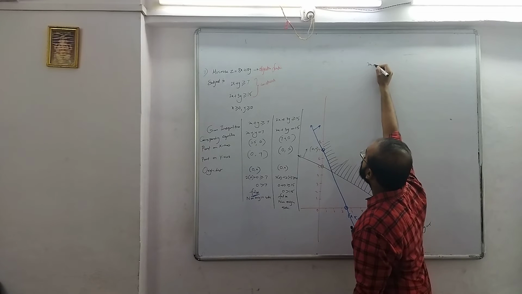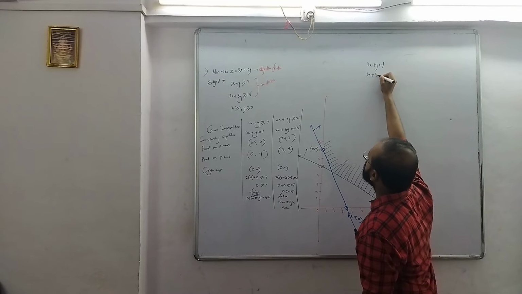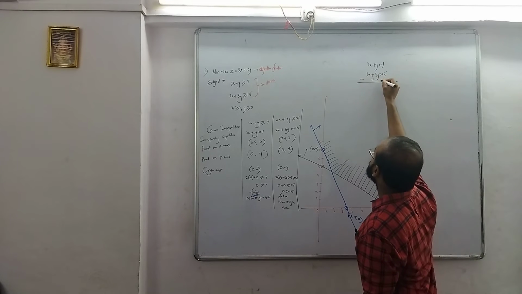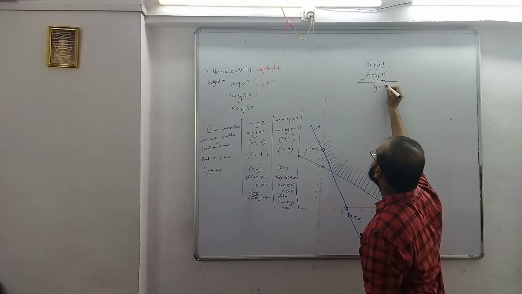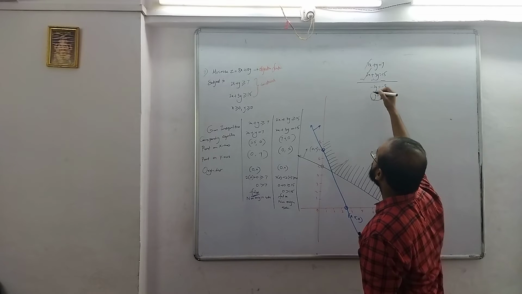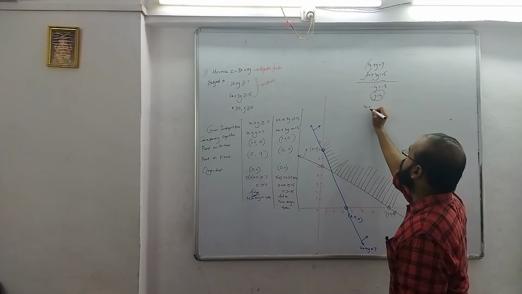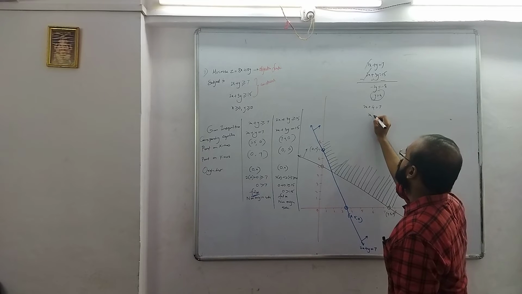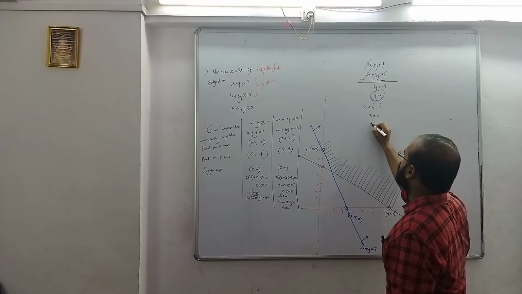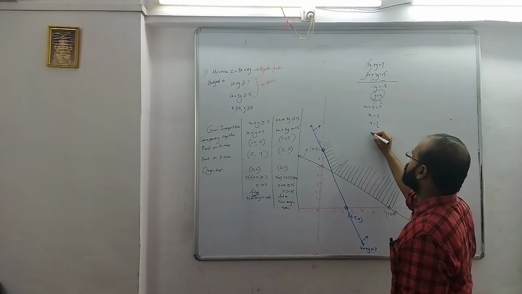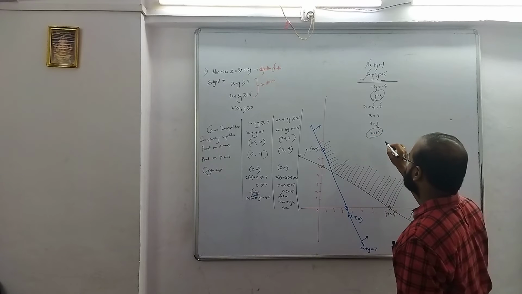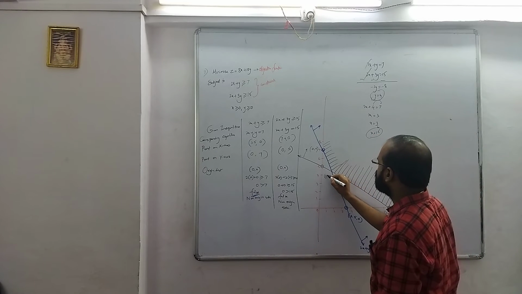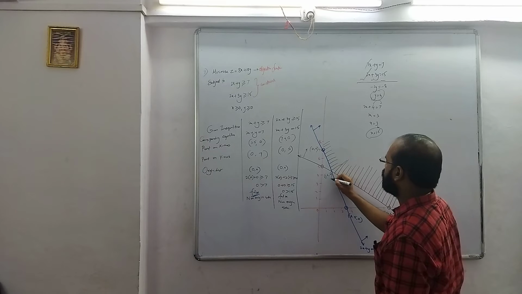If I solve 2x plus y is equal to 7 and 2x plus 3y is equal to 15 simultaneously, subtract: 2x minus 2x cancels. y minus 3y is minus 2y, 7 minus 15 is minus 8, y is 4. If I put this value in equation 1, 2x plus 4 is equal to 7, 2x is 3, x is 3 by 2, x is 1.5. So this point is 1.5, comma 4.